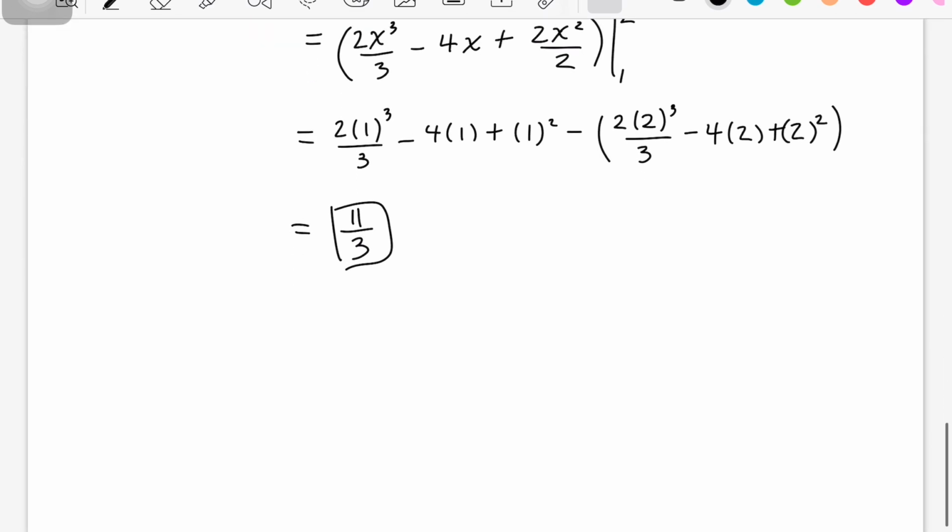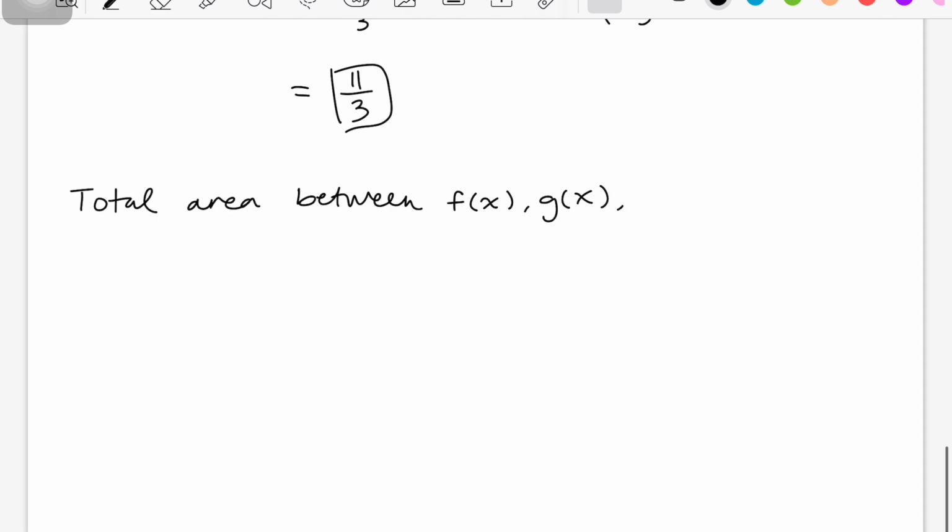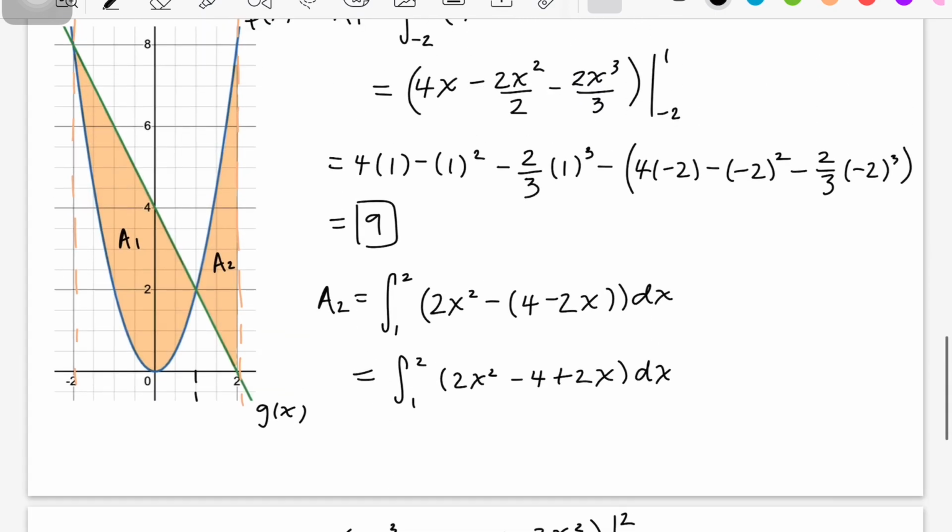So this tells us the total area between f of x, g of x, and for x values in between negative 2 and 2 is going to be equal to the sum of the area in the first region plus the area in the second region.